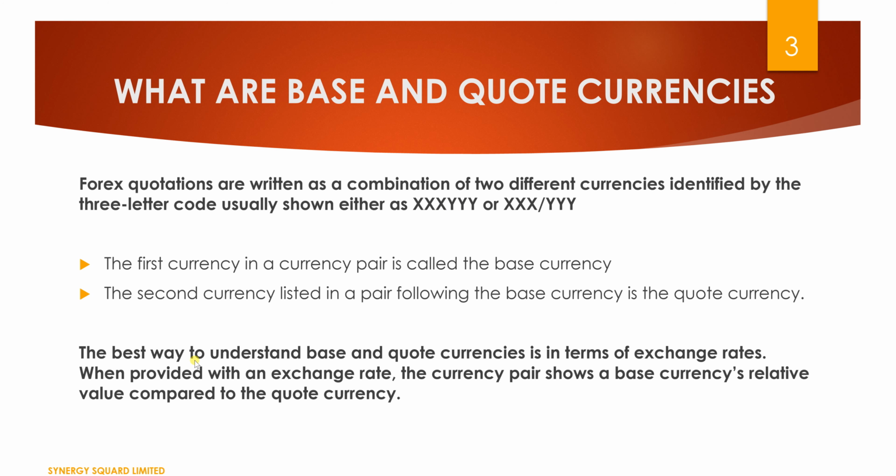The best way to understand the base and quote currency is in terms of exchange rates. When provided with an exchange rate, the currency pair shows a base currency's relative value compared to the quote currency. What do we mean? We mean how much of the quote currency we need to buy 1 unit of the base currency.